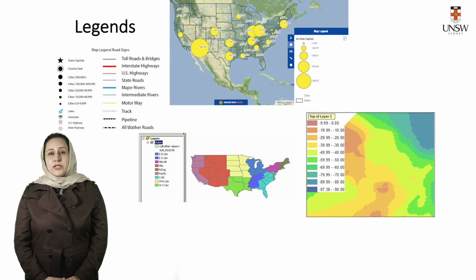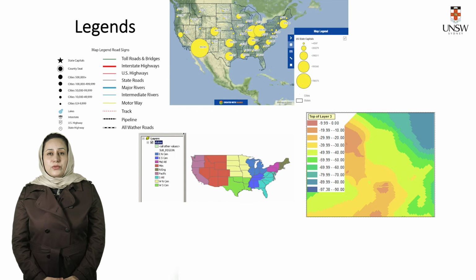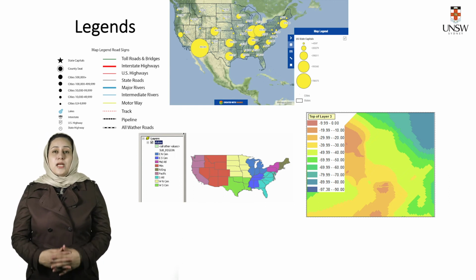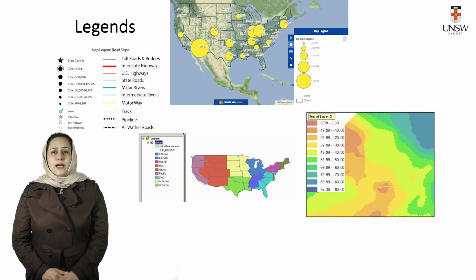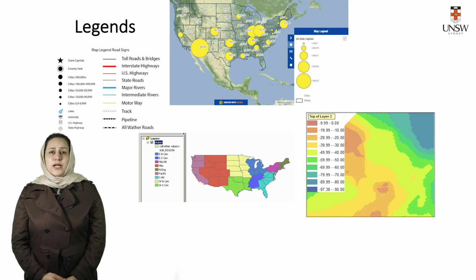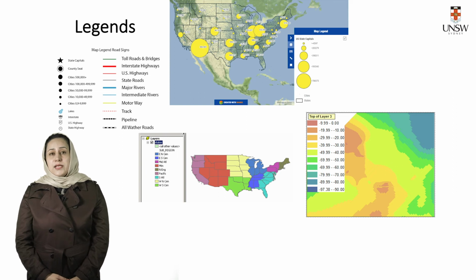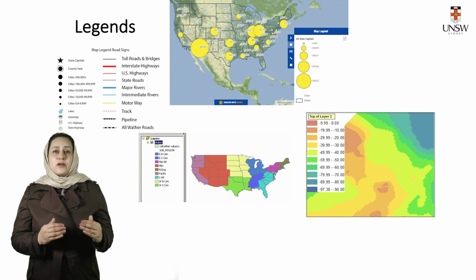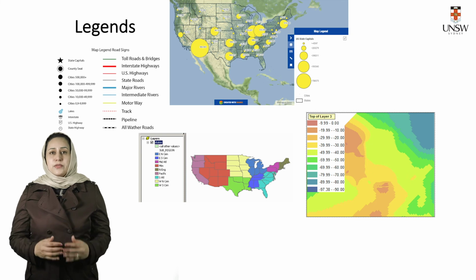You may have legends like the ones you created for your shapefiles last week that included symbols and labels for the symbols. You also may have a continuous legend for an image like the one demonstrated in the bottom right hand side of this slide that includes various ranges of elevation difference values.